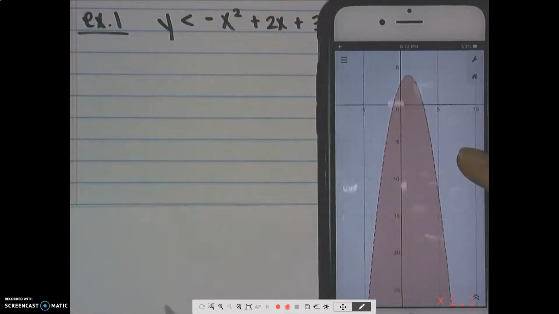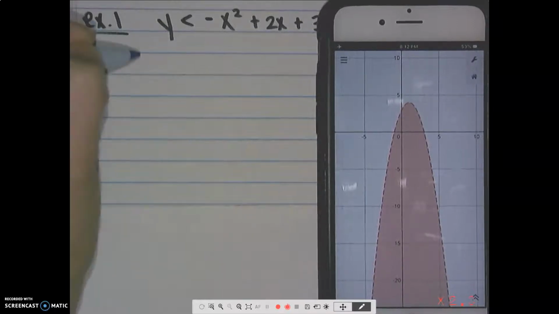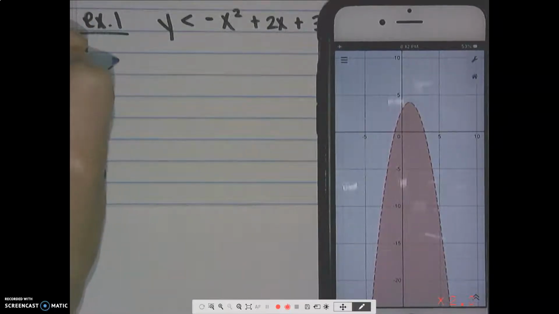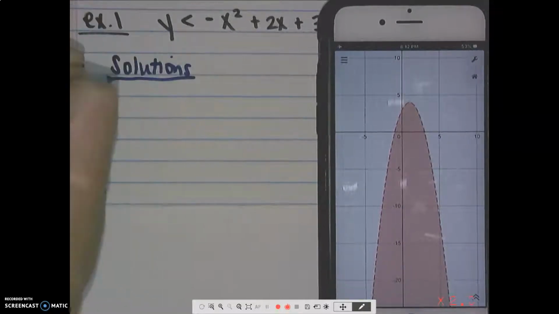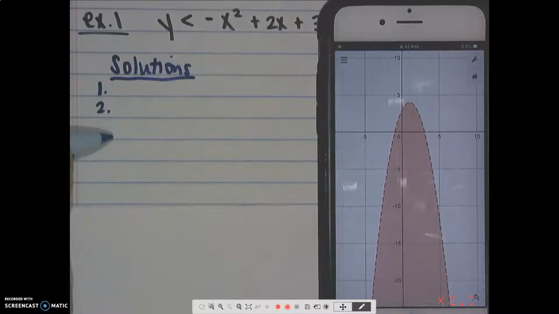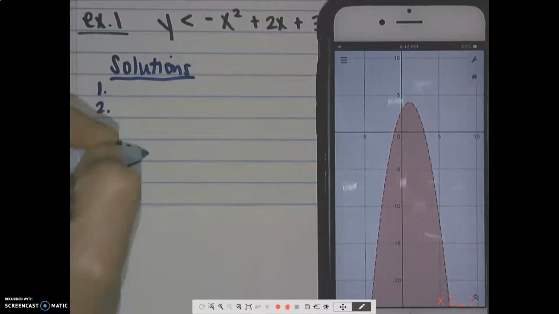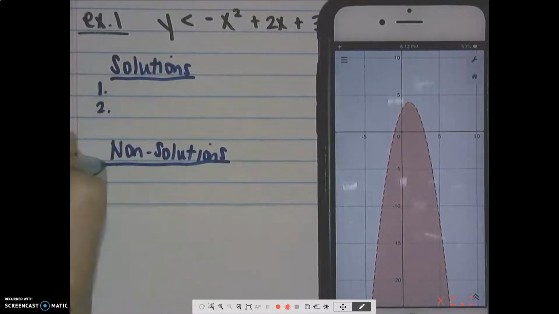And remember, on here you can move it around. You can also go to the wrench to change the window. If we're looking at this, we need two solutions, and then our non-solutions, we need 2 of those as well.